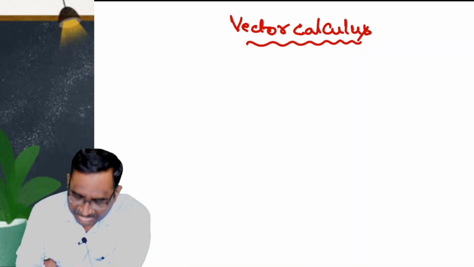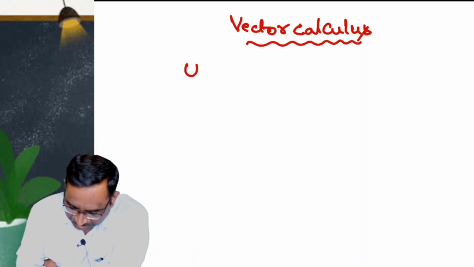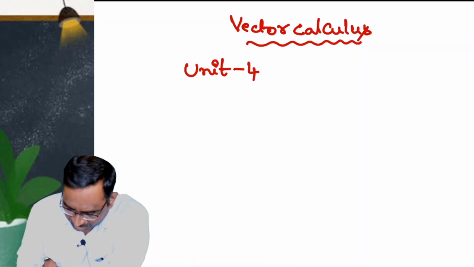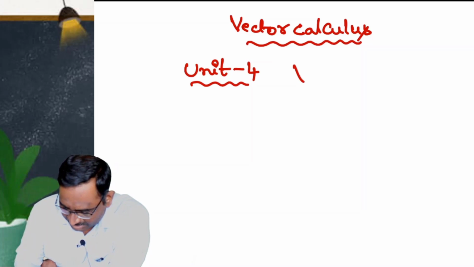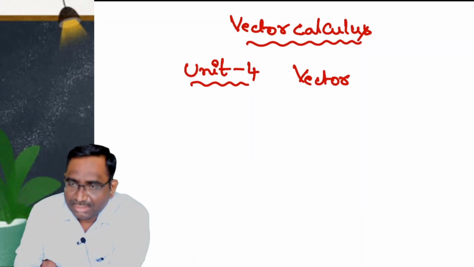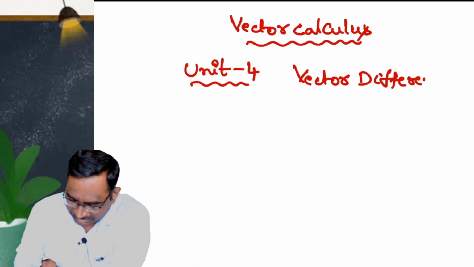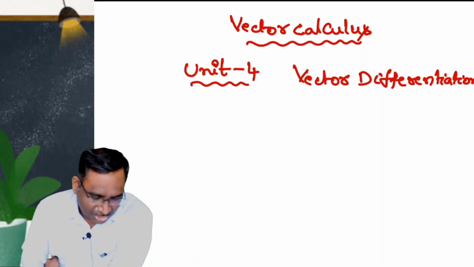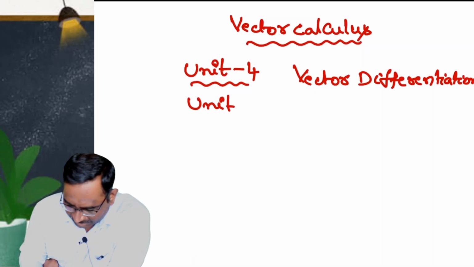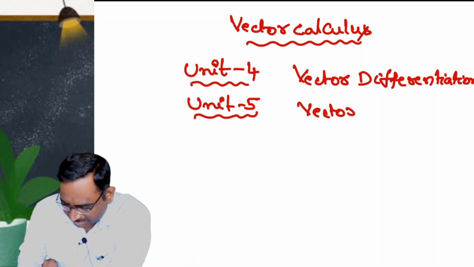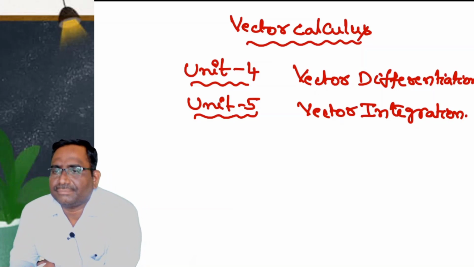In this vector calculus we have 2 units. According to the syllabus, this comes under unit 4, which is vector differentiation, and unit number 5 is vector integration, right?